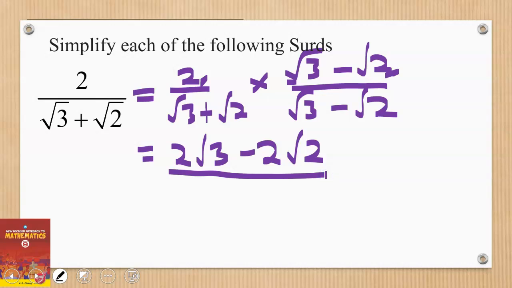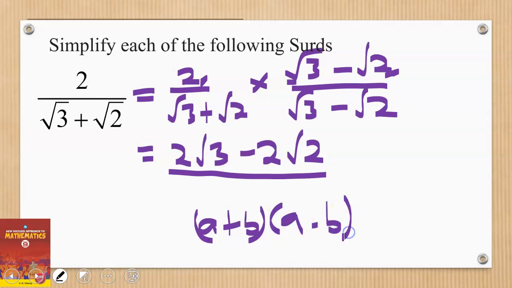Now if you look at the denominator side, you can see a difference of 2 squares here. And the difference of 2 squares, we know that if I have a plus b times a minus b, I can easily write it as a squared minus b squared. You understand? So the same thing applies to the denominator here too.